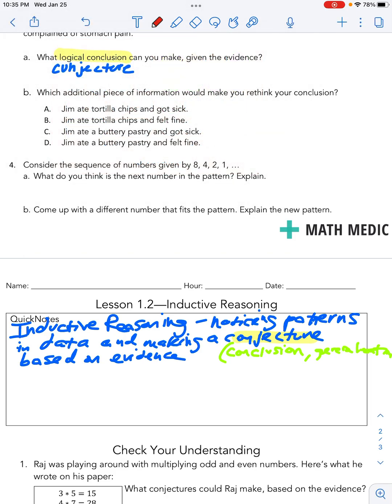All right, so also want to say a conjecture is based off limited evidence and thus not guaranteed to be true.